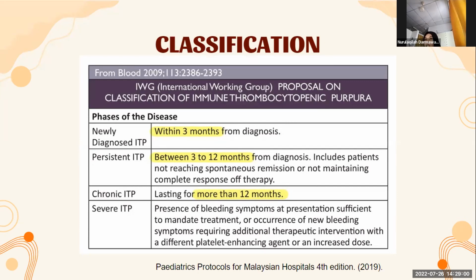Chronic ITP can last for more than 12 months. And for severe ITP, there is the presence of bleeding symptoms at presentation sufficient to mandate treatment, or occurrence of new bleeding symptoms that need additional therapeutic intervention with a different platelet-enhancing agent or an increased dose. So the treatment recommendation can vary according to the duration of ITP.